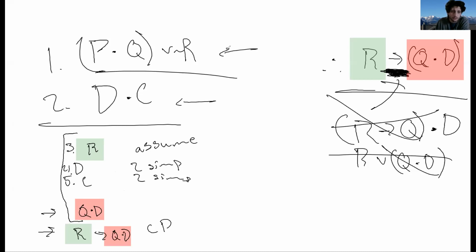If you're not comfortable with that sort of foresight, oh wait, how do I know if C is going to help me out? Be fine. Do both simps every time you see simp. That's totally fine. For our purposes, though, we don't actually need it, so we don't have to do simp. The idea is you only have to do what you actually think is going to help.